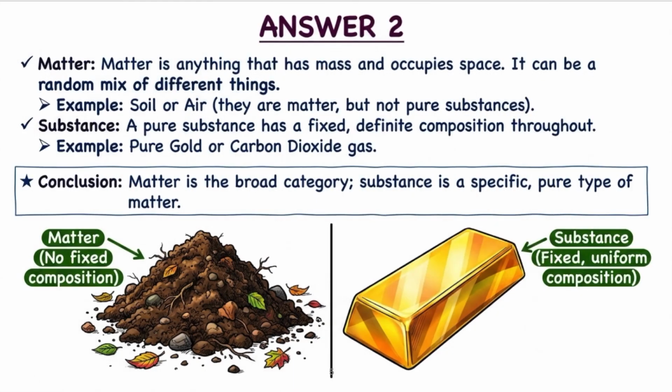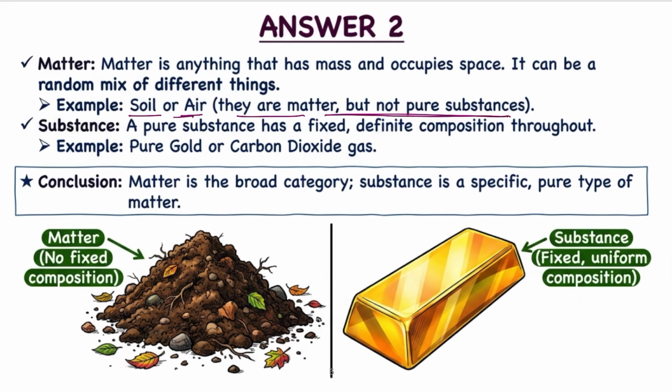Now check the answer of this question. Matter is anything that has mass and occupies space. In any proportion you can mix any 2 pure substances or impure substances, then you will get matter. Matter doesn't have uniform composition. Examples are soil or air. They are matter but not pure substances.